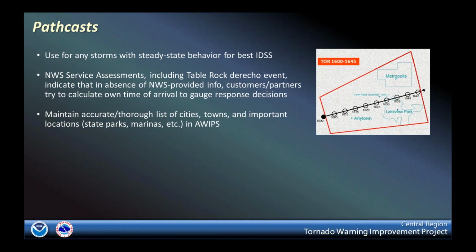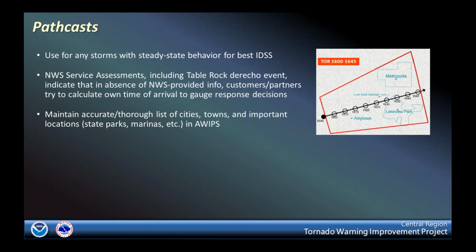National service assessments, including the Table Rock derecho event, the duck boat accident, determined that if we do not provide adequate information to our partners and customers, they will try to manually determine when these storms will get there, and they will make decisions based on their own interpretation, which may, or in this case, may not be correct. So we really want to be careful and make sure we provide information and update it frequently, which I'll talk about more in a second.